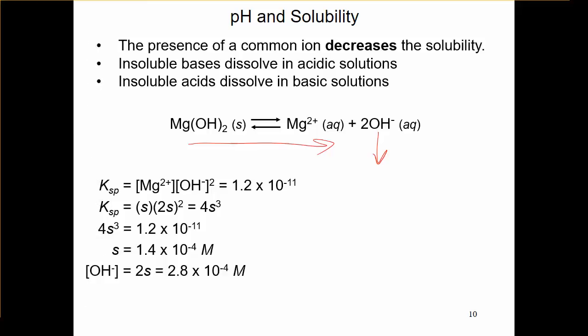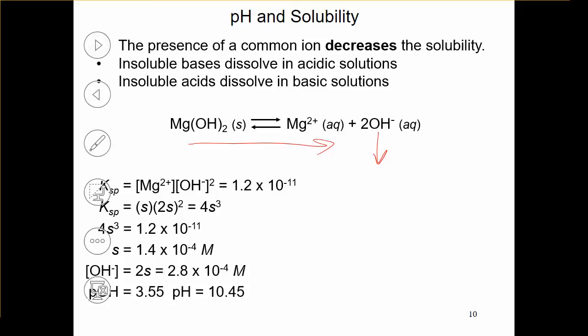The concentration of hydroxide is equal to 2 times s, so the concentration of hydroxide would be 2.8 times 10 to the negative 4 molar in solution, as this thing is dissolving, which it doesn't dissolve very well. pOH is 3.55, pH is 10.45. So if I know the hydroxide concentration, I can determine the pH and the pOH from that. That's all that's saying.